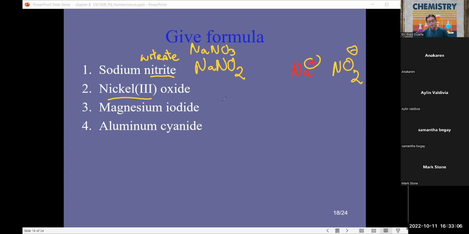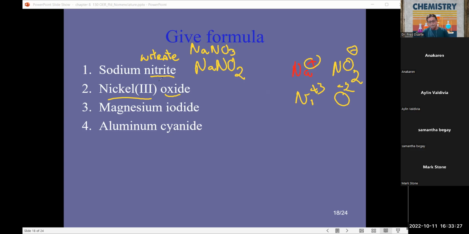Nickel 3 tells us we are using the Ni+3. The oxide is a -2. The oxide with respect to the name is going to be the same whether we're dealing with ionic compounds or, here in a bit, covalent compounds.